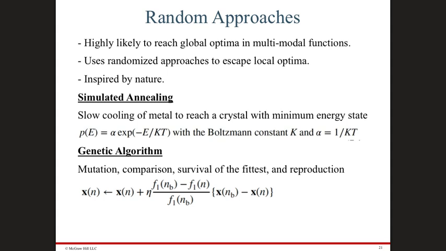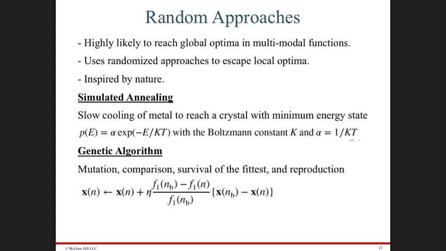Now, if you notice in this expression, if you are working with temperatures that are very high, what will happen to this exponential distribution? If T is a very high number, what happens to this value? It becomes almost zero, which means that the exponential is going to be almost flat.